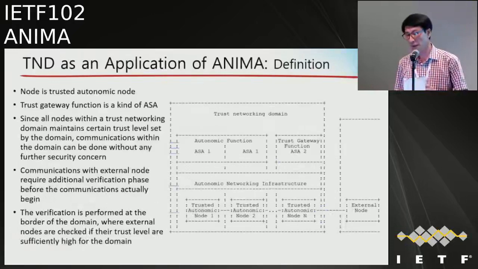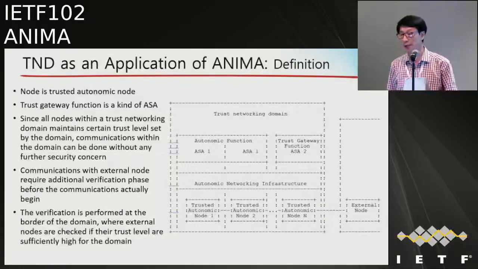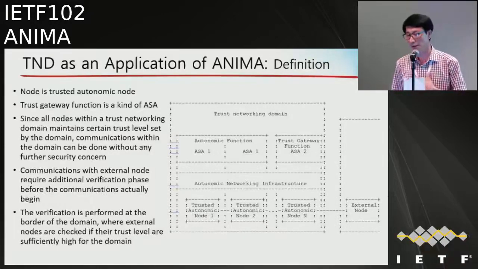So we define this trust networking domain as an application of Anima. The subfunctions defined in the trust networking domain are a set of ASAs, so it has a trust gateway function, which is kind of an ASA.